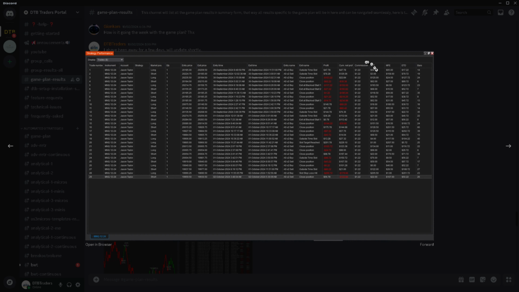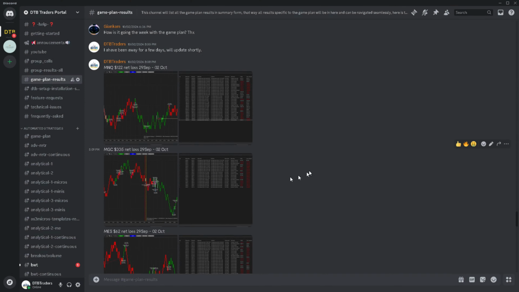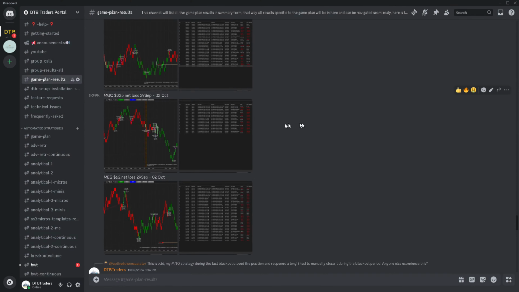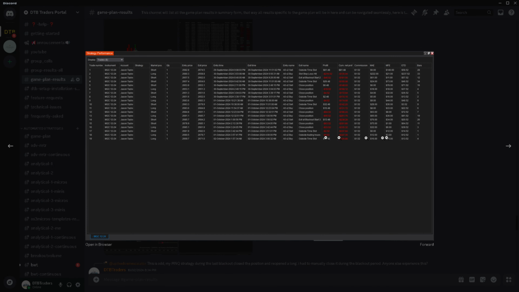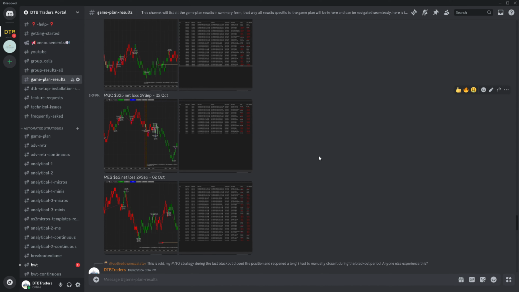What I see some members did is actually pause the strategies at different times to capture some of these gains, whereas had it continued trading, it would have had some losing positions. I ran my strategies completely unattended, because I was actually away for a lot of time earlier in the week. So yeah, we did have some losing positions there, some days.